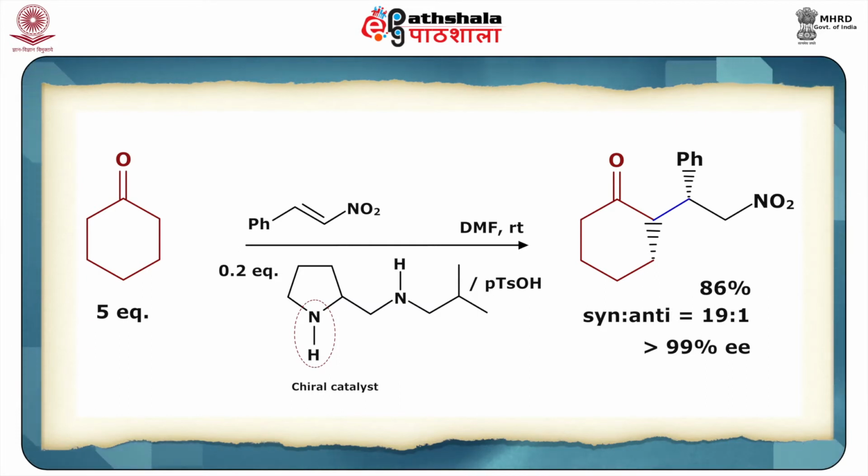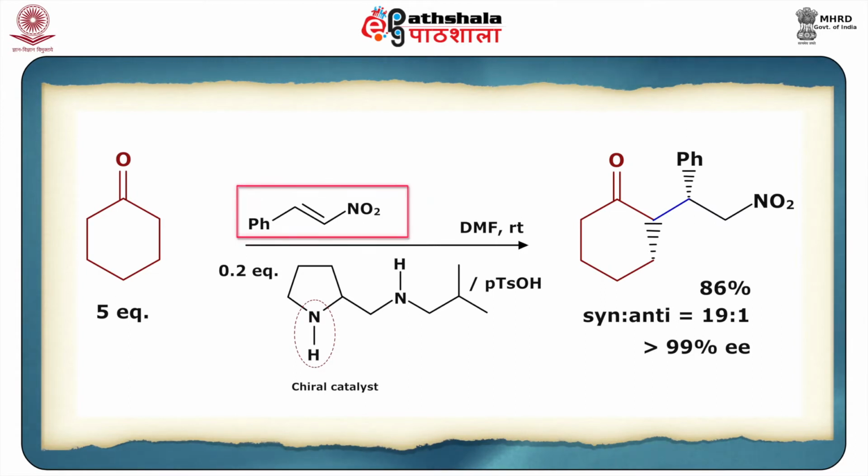Initially, stoichiometric amounts of catalyst were used, but now even 10 to 20 mole percent or even less of the organocatalyst is sufficient to bring about successful asymmetry. As you can see in this particular example, we take almost 5 equivalents of cyclohexanone, and we are doing the reaction with this conjugated phenyl system.